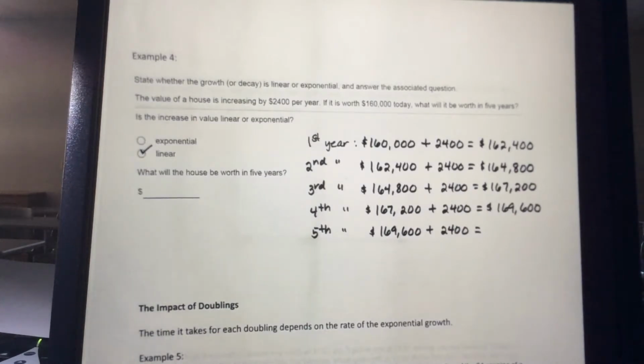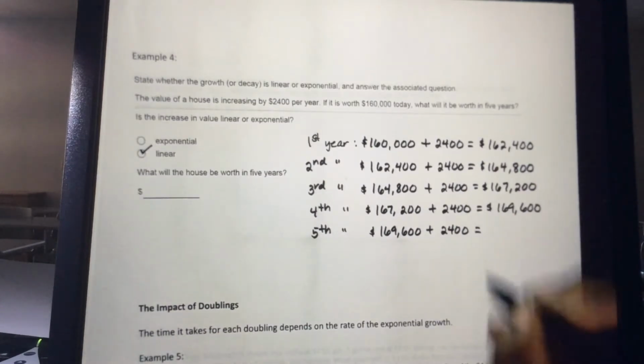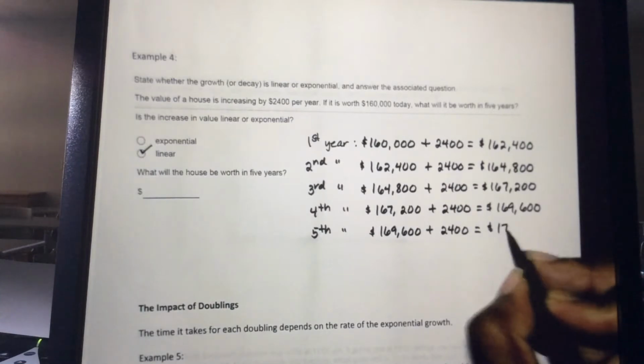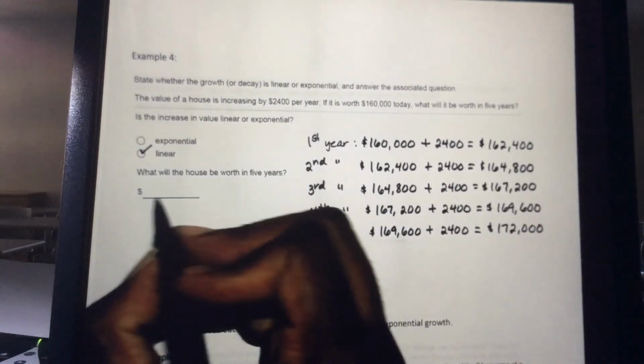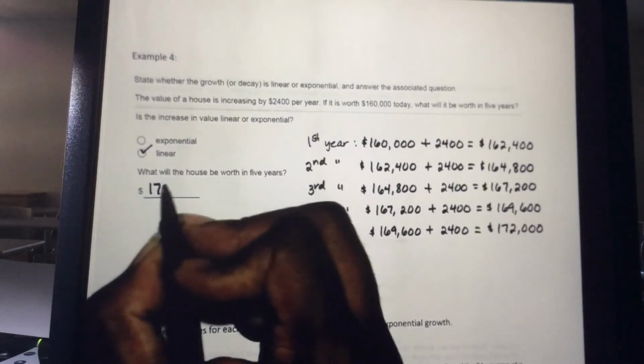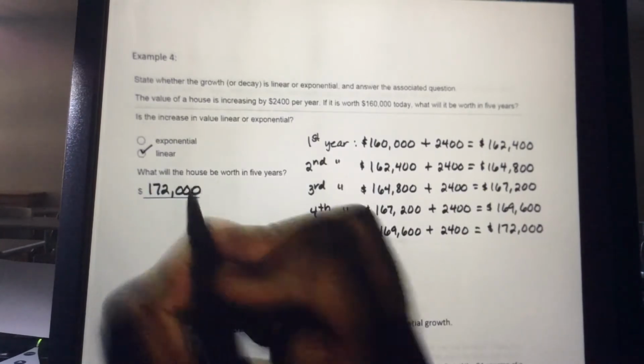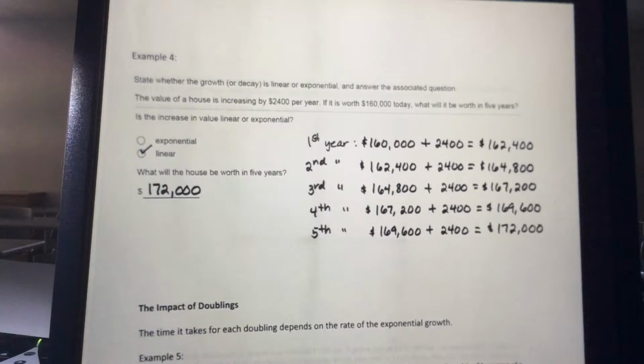You'll end up with $172,000. So after 5 years, the house will be worth $172,000.